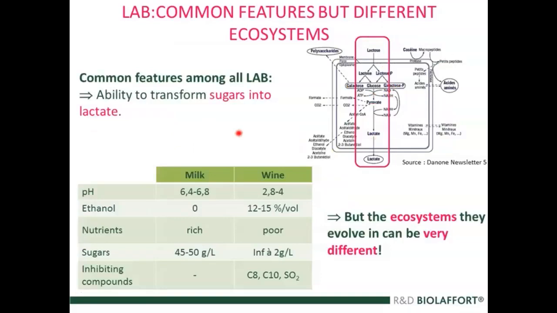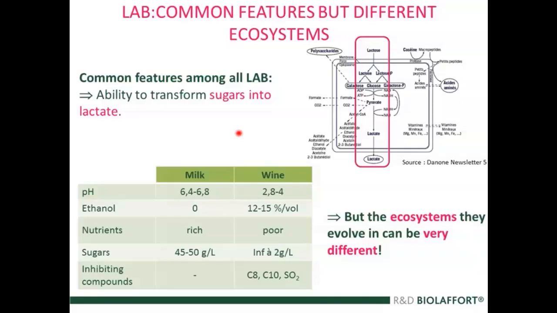This is where the main acidification pathway is involved. But if all of these lactic acid bacteria do have this common feature, the different species that constitute this group do evolve in very different ecosystems.